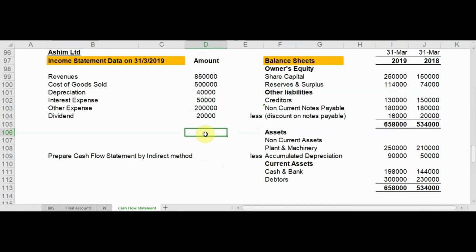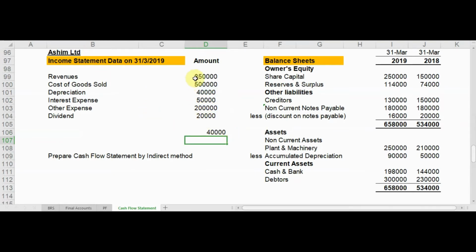Note one thing here. If we deduct all these items from revenue, what do we get? We get 40,000.